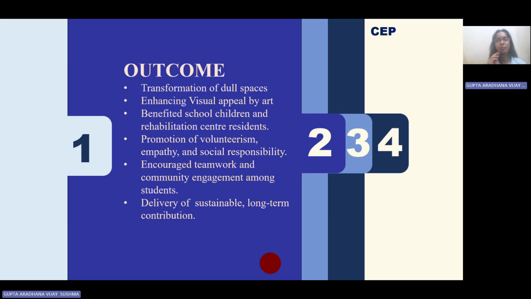The artwork also improved the visual appeal of both locations, the school and the rehabilitation center, respectively. And beyond beautification, the project also encouraged us to volunteer more, have empathy towards the victims living there, and helped us understand the social responsibility that we should carry as members of a society. It also strengthened our teamwork and demonstrated how even small changes like coloring walls can create a meaningful and lasting impact.